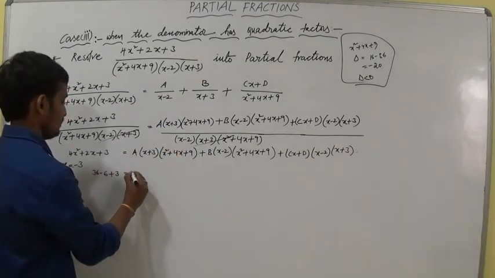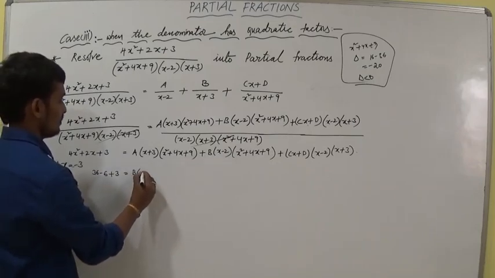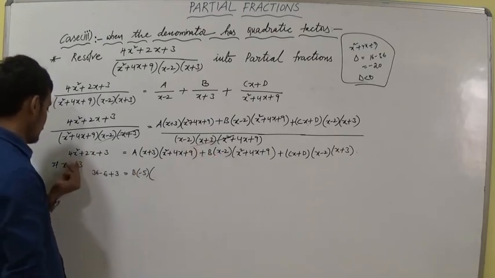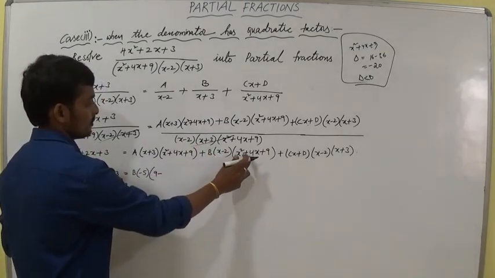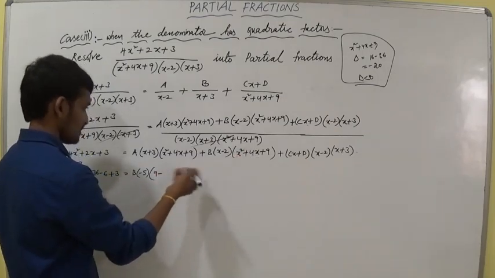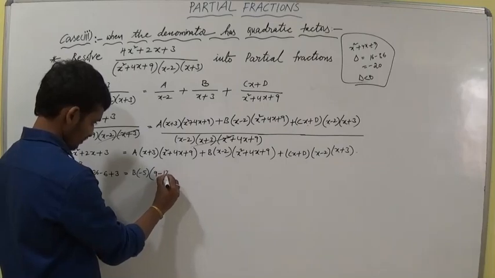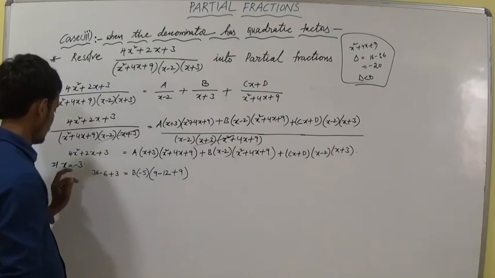There, b into minus 3 minus 2, minus 5, into x square, minus 3 square 9, minus 4 3s are 12, plus 9. Observe this.